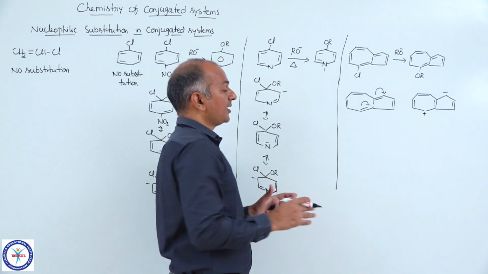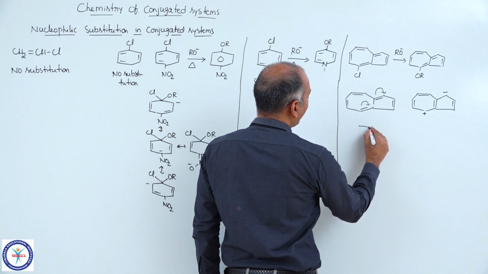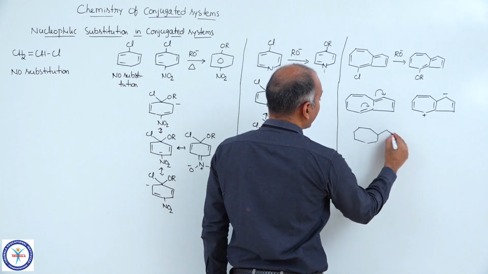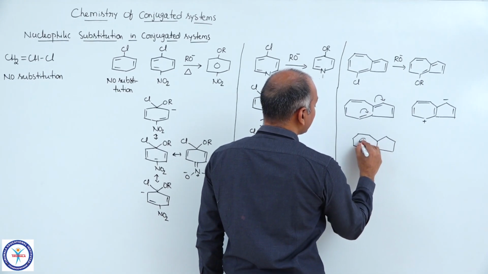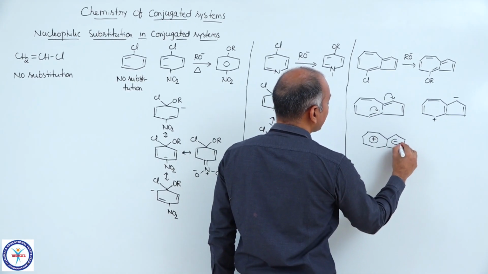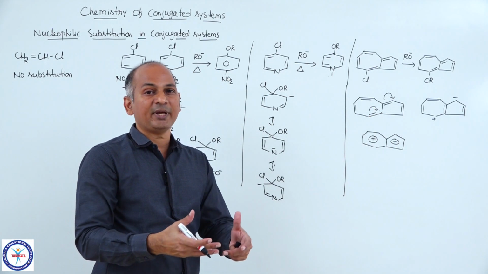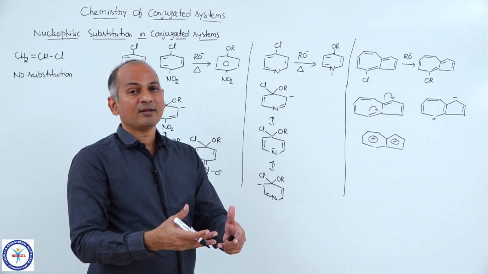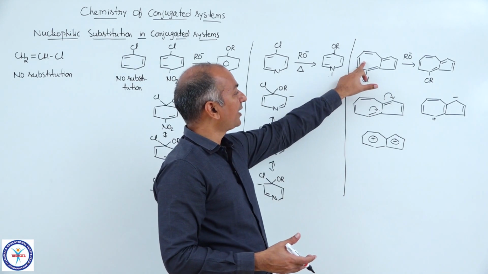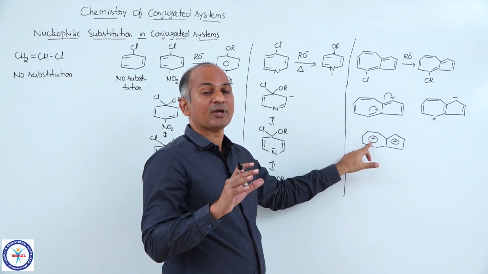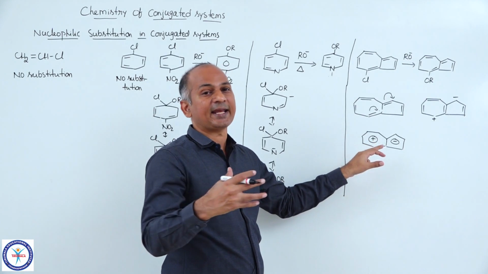As a result, the resonance hybrid of azulene can be better represented like this, plus delocalized, minus delocalized. So as a result, nucleophilic attack is made favorable. Actually here in the bigger ring, we have partial positive charge, you see this. So the nucleophile readily attacks there.